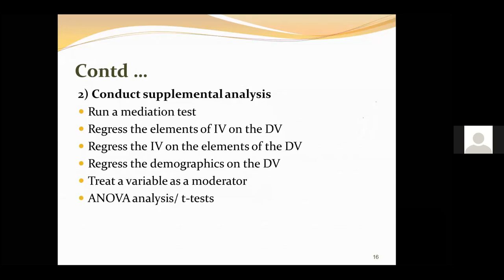You could choose to regress the elements of your IV. Let's say organization culture: you're looking at the relationship between organization culture and fraud management. Organization culture has its dimensions. You found that this relationship is insignificant.